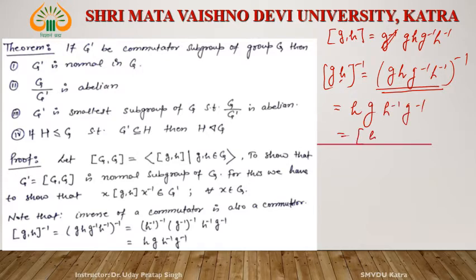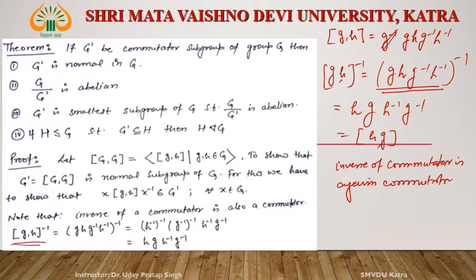And this is [h, g]. So [g, h] inverse is [h, g]. It means the inverse of a commutator is again a commutator.